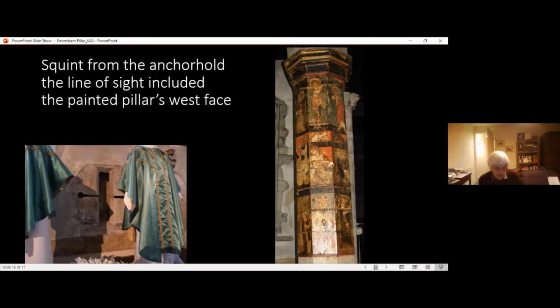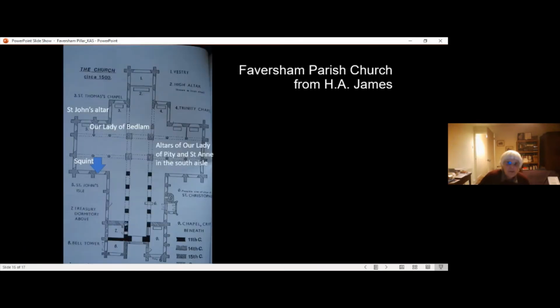Now, if we're thinking about the other lights that were dedicated to the Virgin Mary in the church, we find from the wills that some of the images were very well supported. In particular, Our Lady of Pity in the south aisle. If you remember, we've got here the altars of Our Lady of Pity and St Anne, and of course St Anne was the mother of Mary.